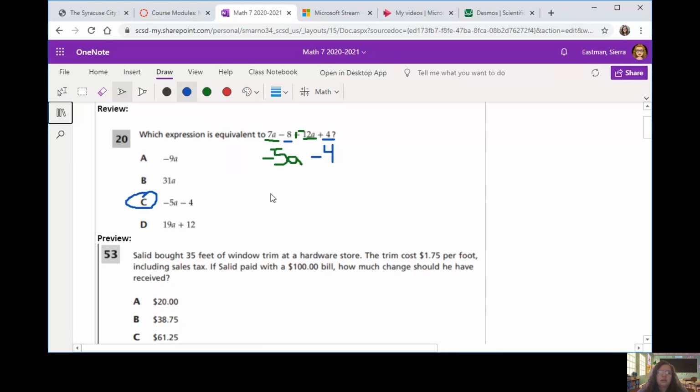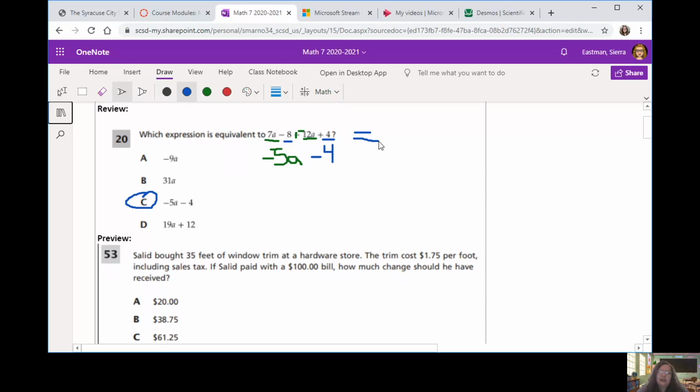Okay, this question was pretty simple to solve using our algebra skills. All we had to do was combine like terms. If it was not that simple, we could have taken a guess, chosen a fake value for a, even though we don't know what it is. But we could have evaluated the expression using that value. Maybe a is 5.